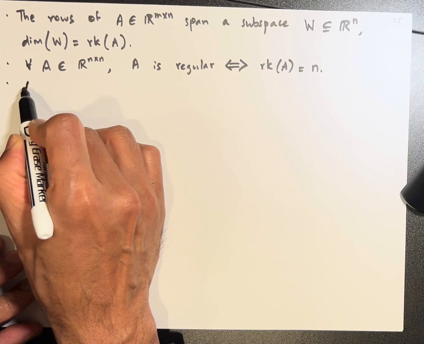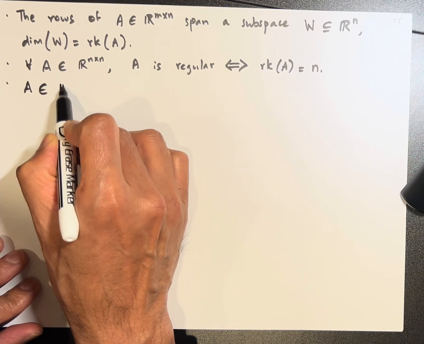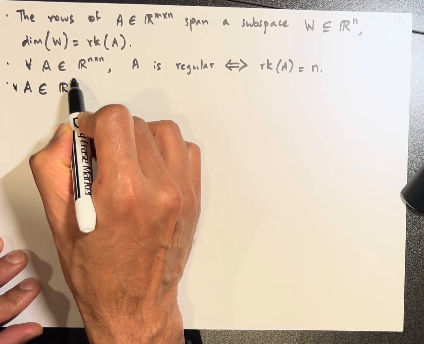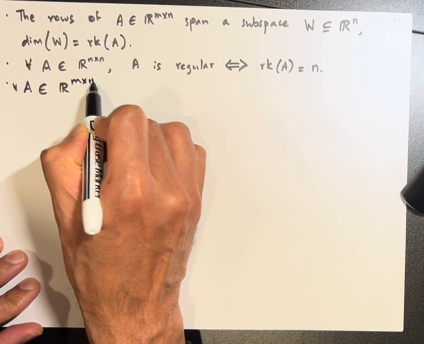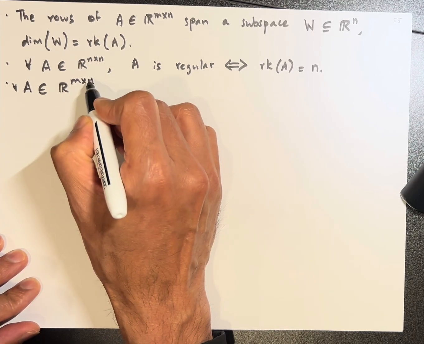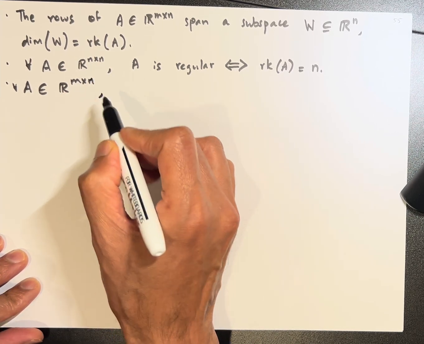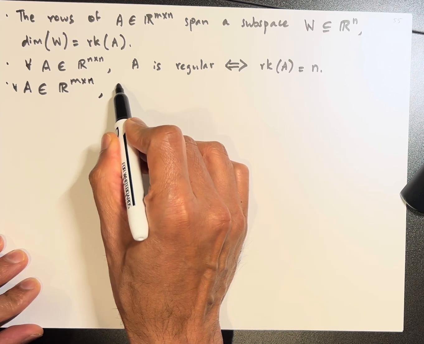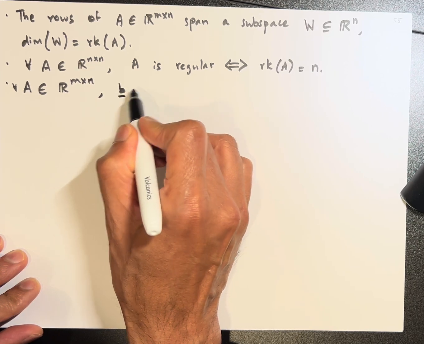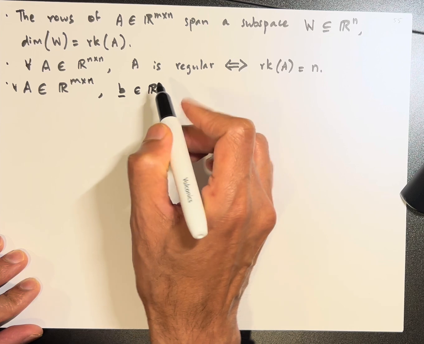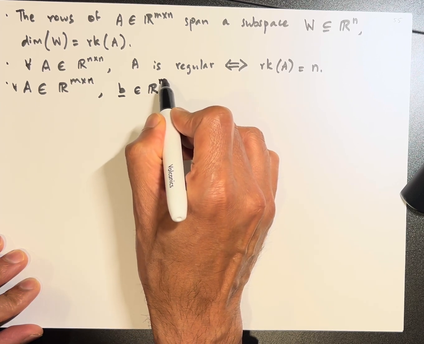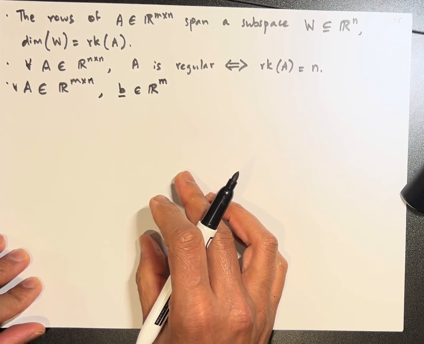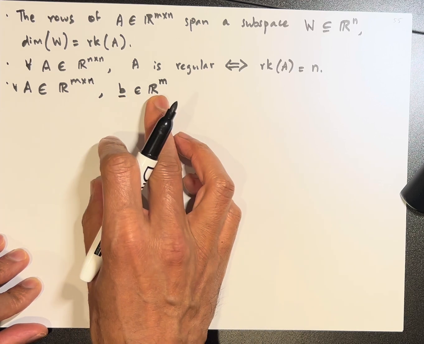So we take, for every A in R^(m by n), and then B in R^m. Okay, so B is in R^m.